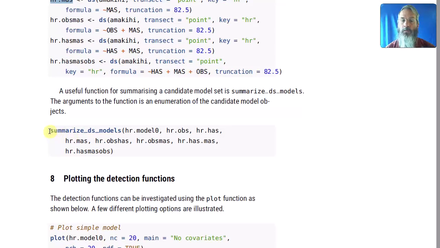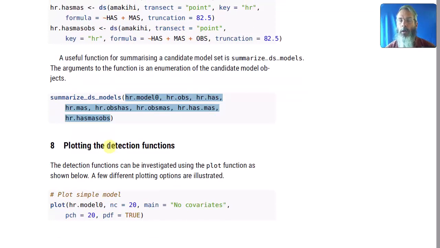There's a very useful function in the Distance package called summarize_ds_models, in which we simply specify all of the candidate models that we want compared, and this will do a nice job of presenting a very concise summary.